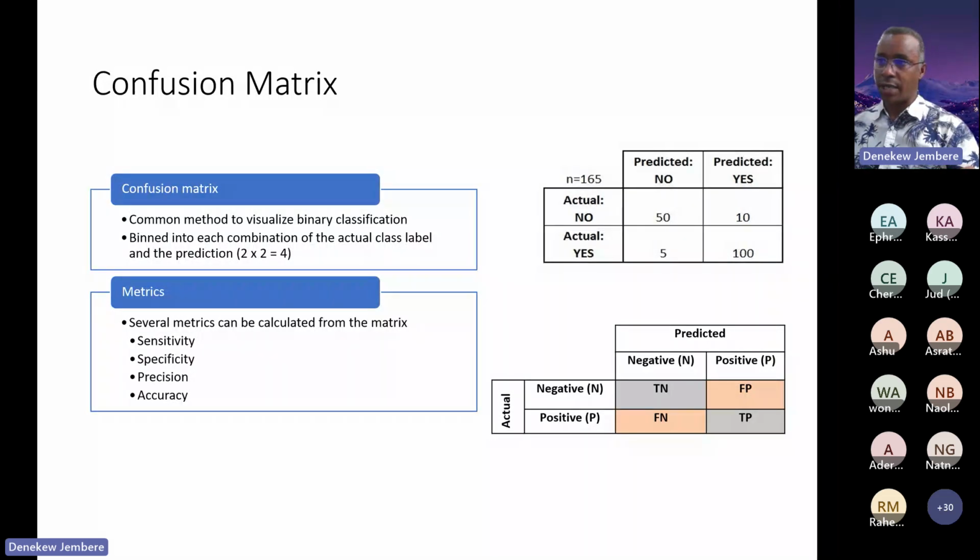And it's not only for binary classification, but also for multi-class classification. If you have more than 2 classes that you want to train a model on and predict the corresponding values, then you can have multiple classes horizontally as predicted, and the same number of classes vertically as actuals, and then you can evaluate the confusion matrix.